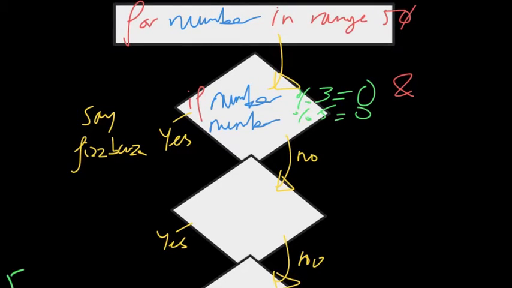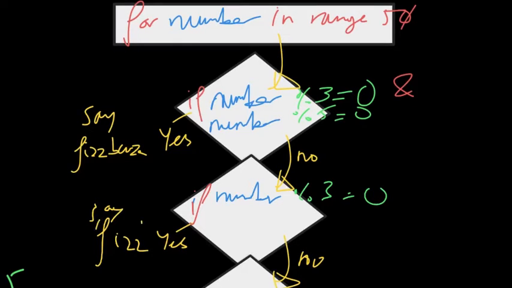In which case it's if number modulo 3 equals 0. If that condition is met, we say fizz.